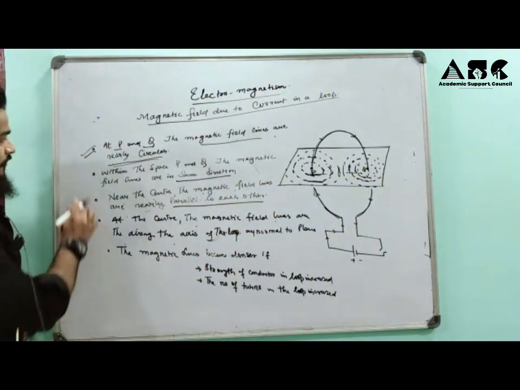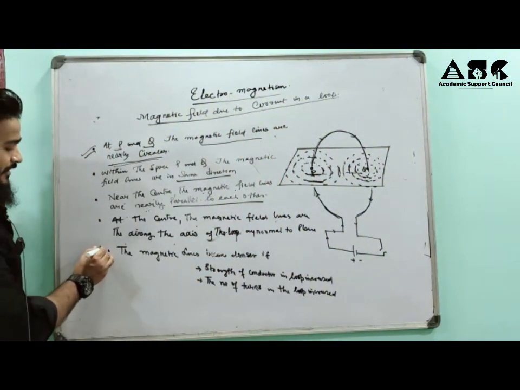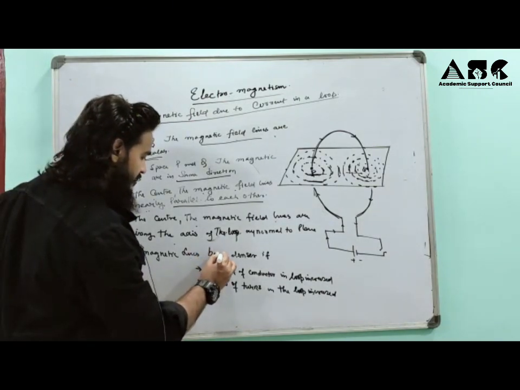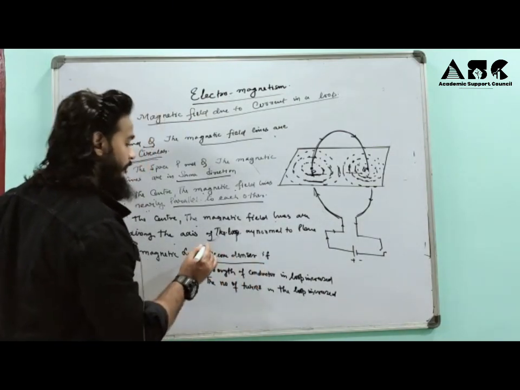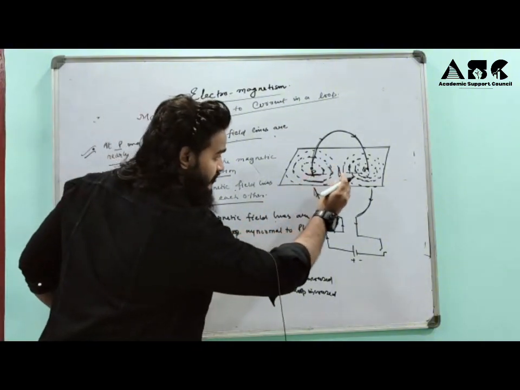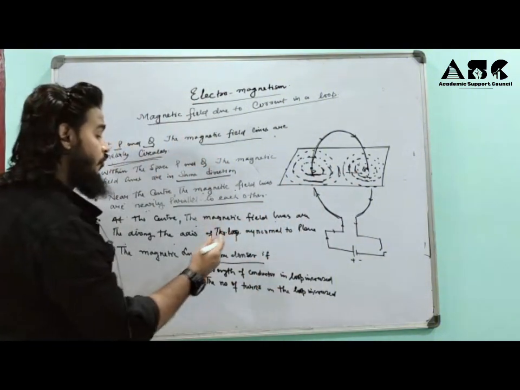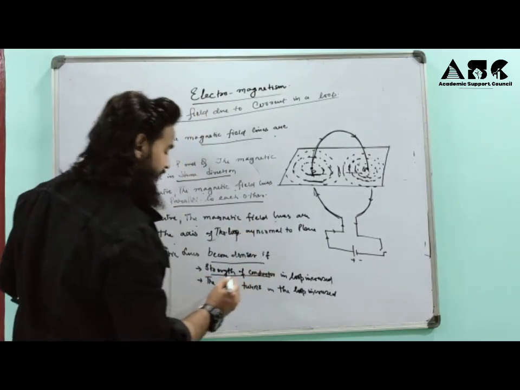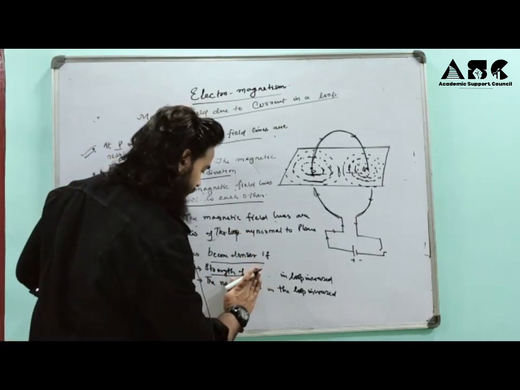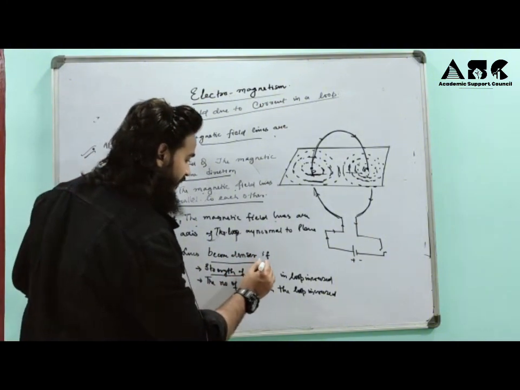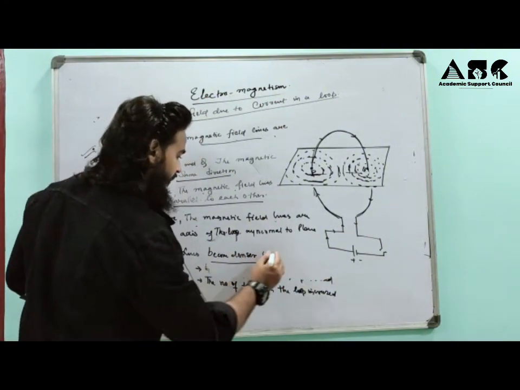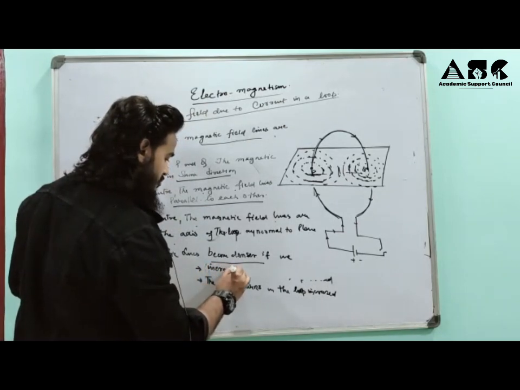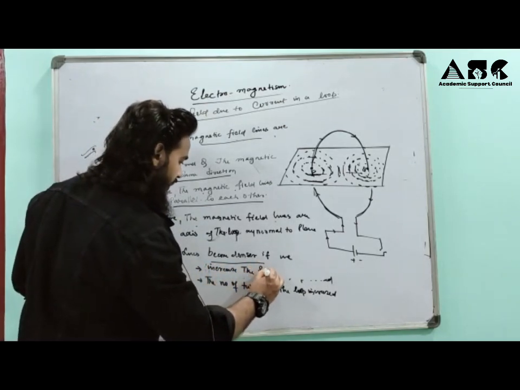Now the fourth point, first, second, third, fourth, fifth point, this is a very important point. The magnetic lines become denser, which means the strength of the magnetic field will be more. How? If we increase the strength of the current.